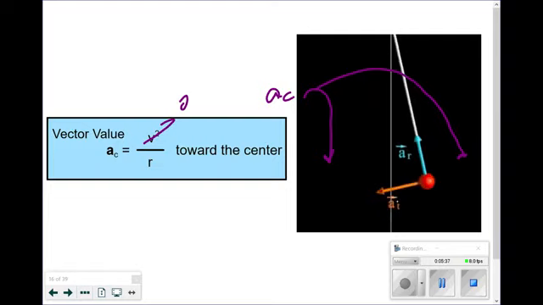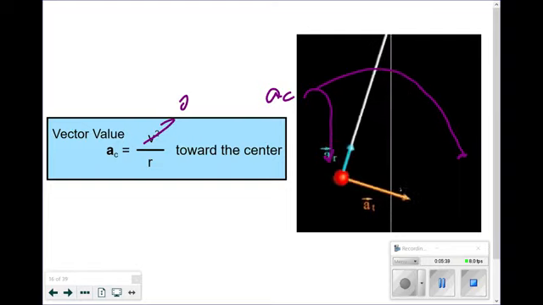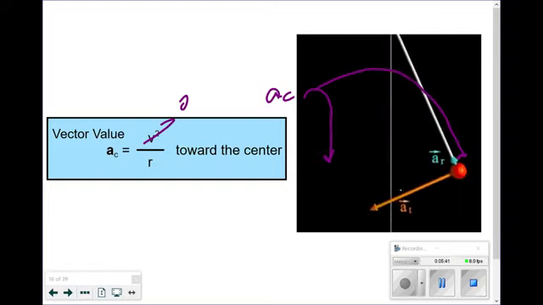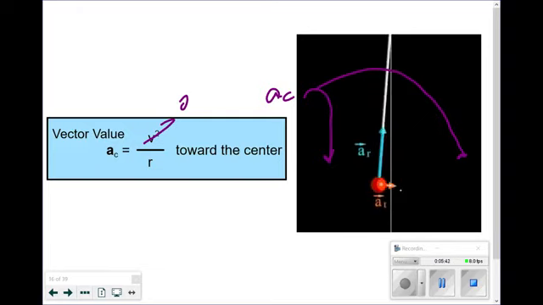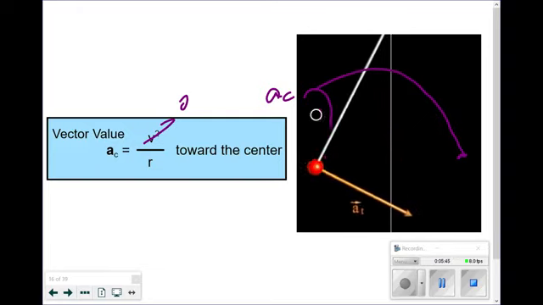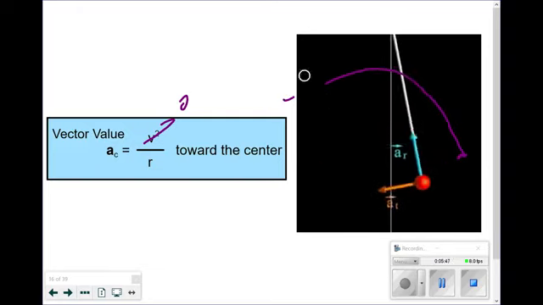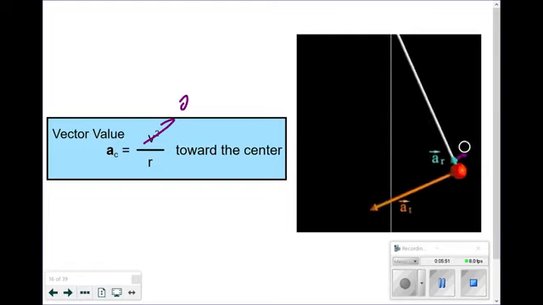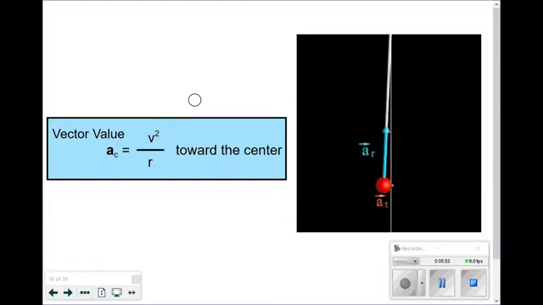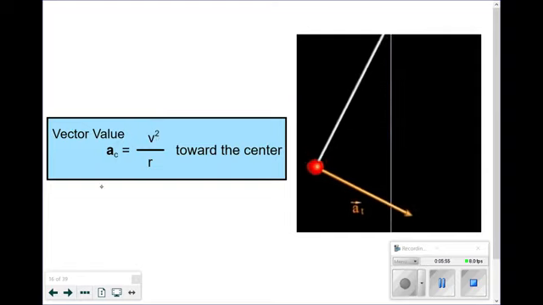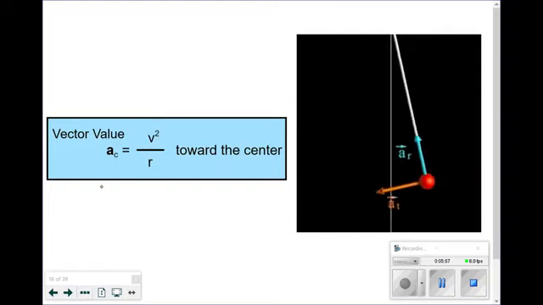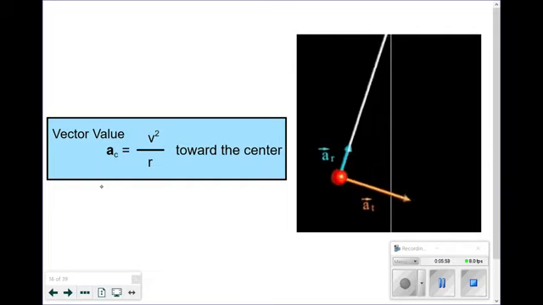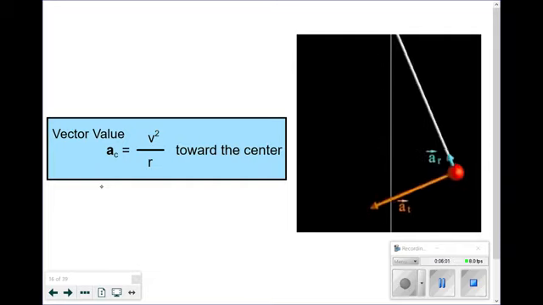Again, at the bottom, I have maximum speed, so I'd have maximum acceleration. Through all parts here, the length of the string remains the same. So for the pendulum's motion, I have a constant radius, and only the speed changes. And that is what is going to determine the strength of the centripetal acceleration as this thing moves.